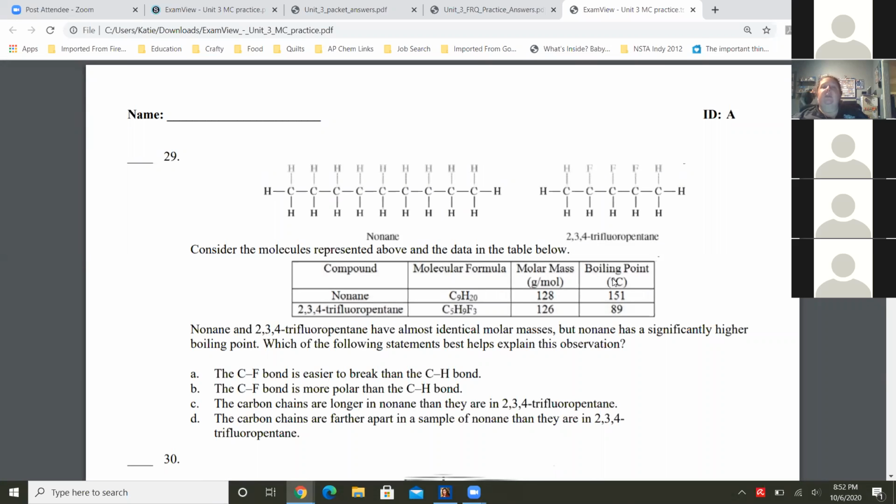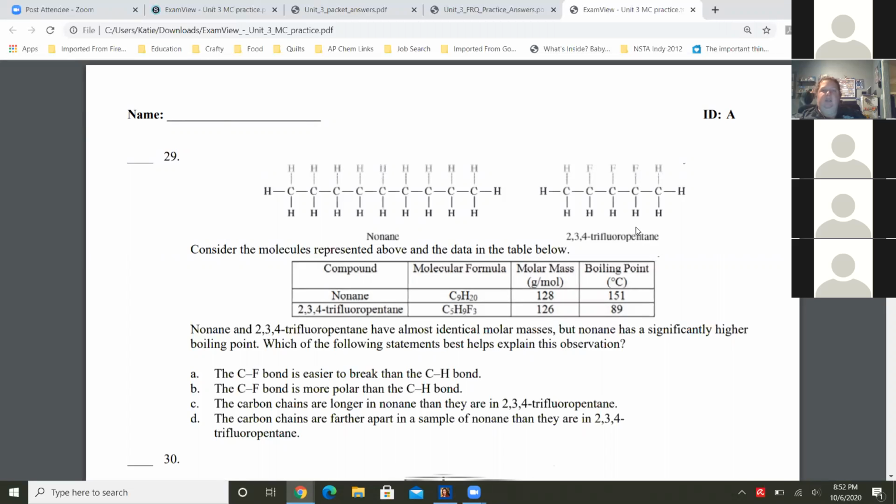So this is similar to what we were just talking about on that free response question. Since the nonane has a much longer chain, it's got more surface area. So it's going to have a higher boiling point because it's going to have stronger London dispersion forces. Okay.